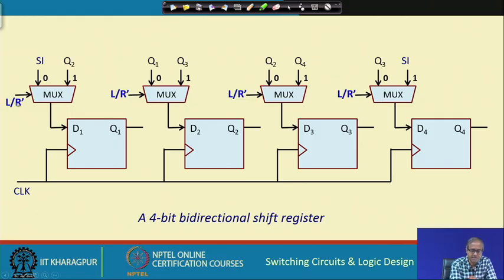All these multiplexers have LR bar as the select input, and I have suitably applied the inputs to the multiplexers. Let us assume I am trying to do a right shift, which means LR bar is 0.